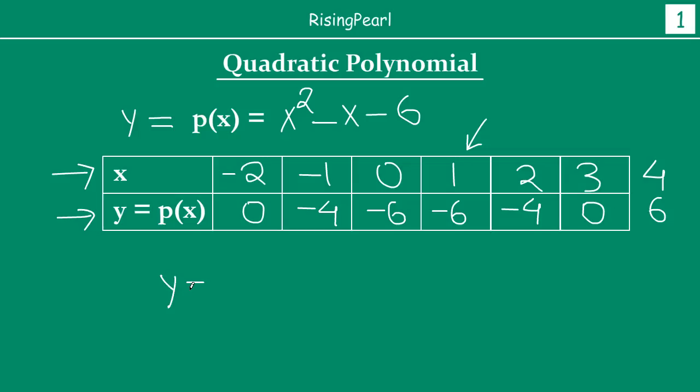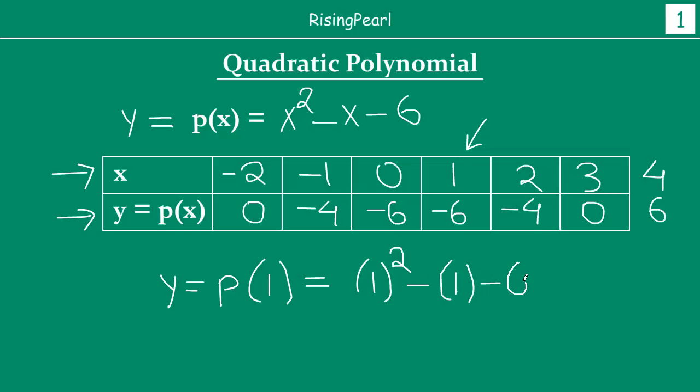The value of y at x equals 1 is 1 squared minus x, so x is 1, minus 6, which is 1 squared is 1, minus 1, minus 6. 1 minus 1 is 0. This is equal to minus 6, which is what we have here. So I took the same polynomial just to save time.